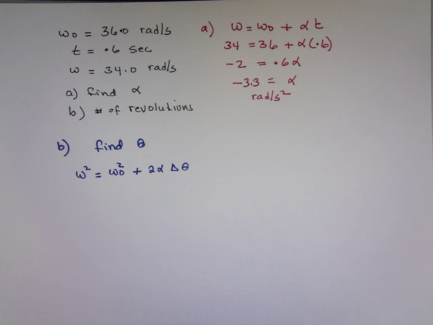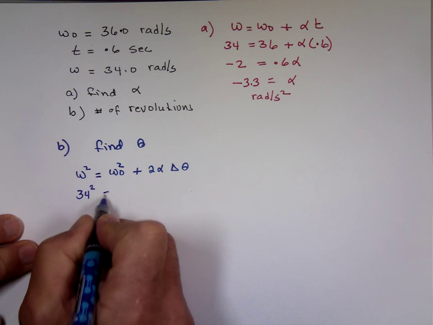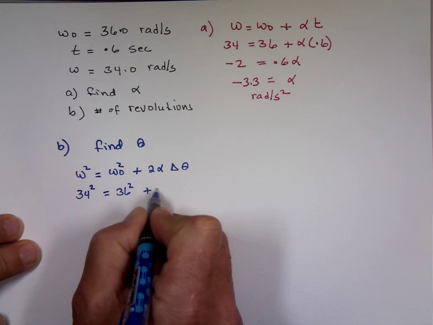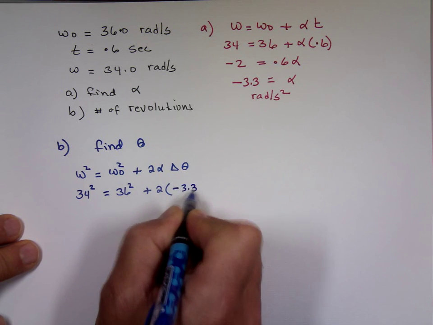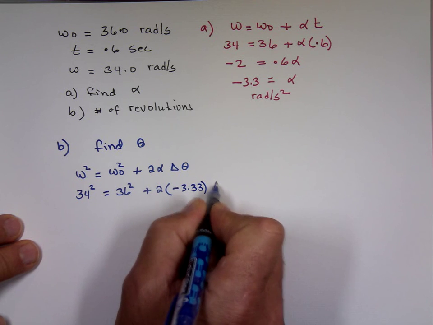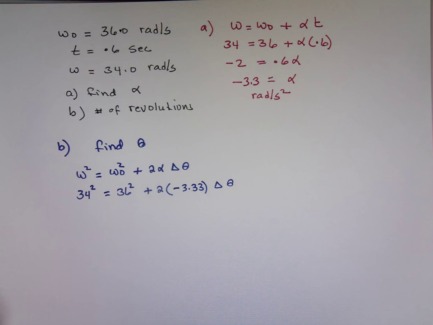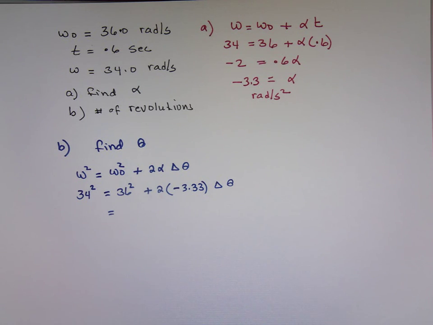W is what? 34 squared equals 36 squared plus 2 times alpha, I just did alpha, which is negative 3.33, times delta theta. 34 squared.